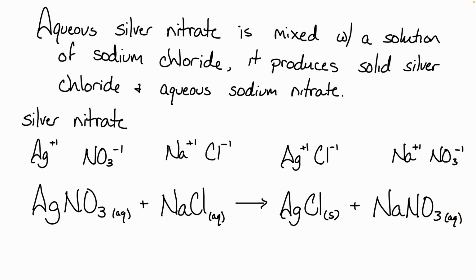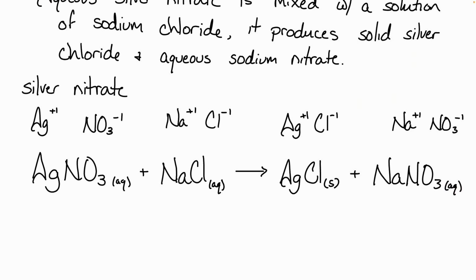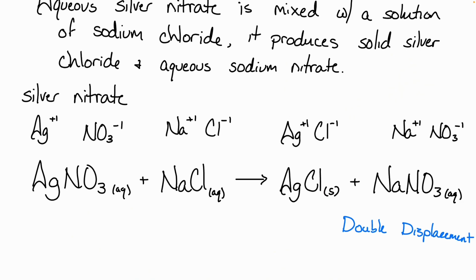Okay? And again, this is an example of what we call a double displacement reaction. So if I use my color coding here for my silvers on both sides and my nitrates on both sides, my sodiums and my chlorides, okay?